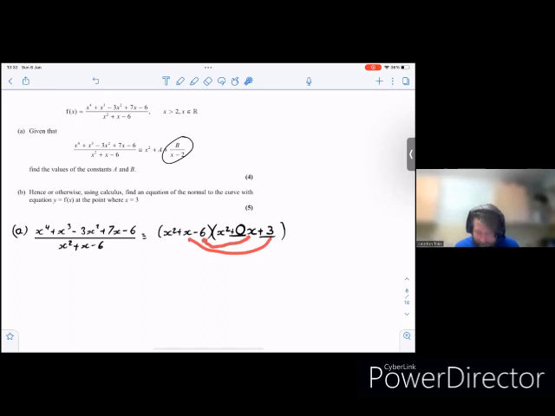They're the only places we get an x term. So we've got plus 3x, but we want plus 7x. So we have to add another 4x. Now the number, we only have one multiplication where we get a number. So it's minus 6 times 3 is minus 18, but we want minus 6. So we've got to add 12.